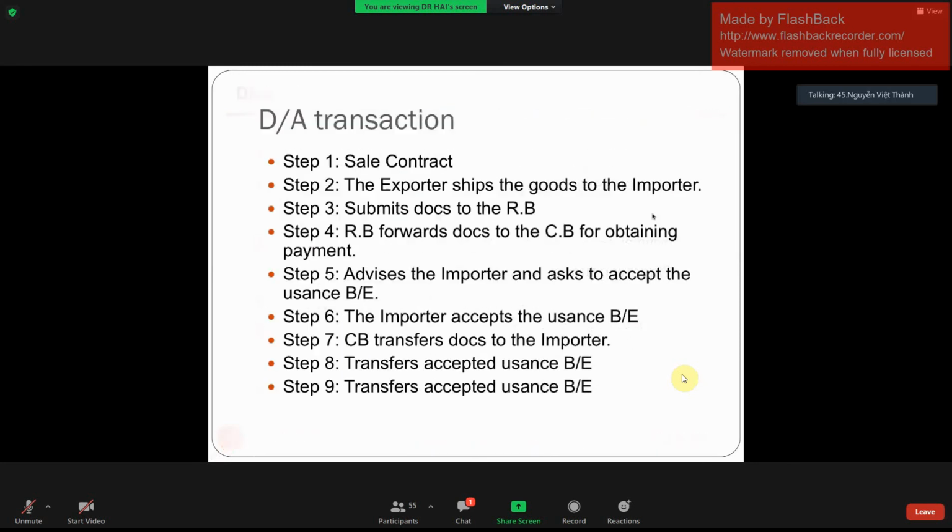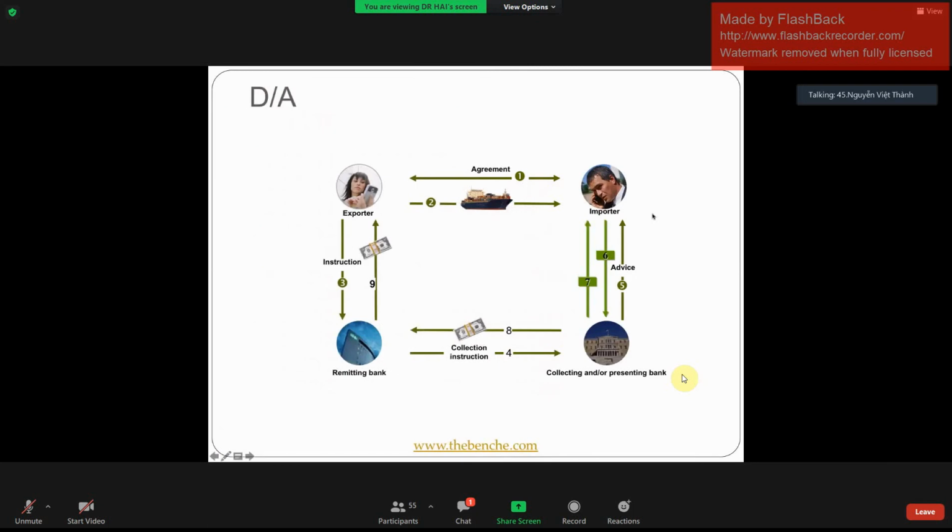They didn't want to receive the goods or doesn't want to do business with the exporter, because the importer has found another exporter who offers a better deal, like lower price or higher quality. I think it is. Yes.